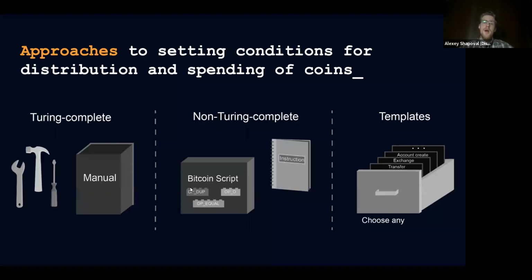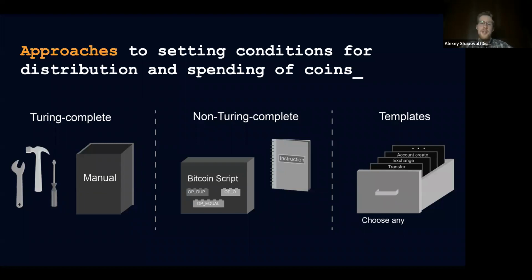But in order to get some meaningful result, of course, you need an instruction. And as you can see, it's way thinner compared to the manual in Turing complete languages. So it's in a way easier. It gives you less opportunity as the creator of the script to break the system or to implement some malicious code, but you pay for it with flexibility.